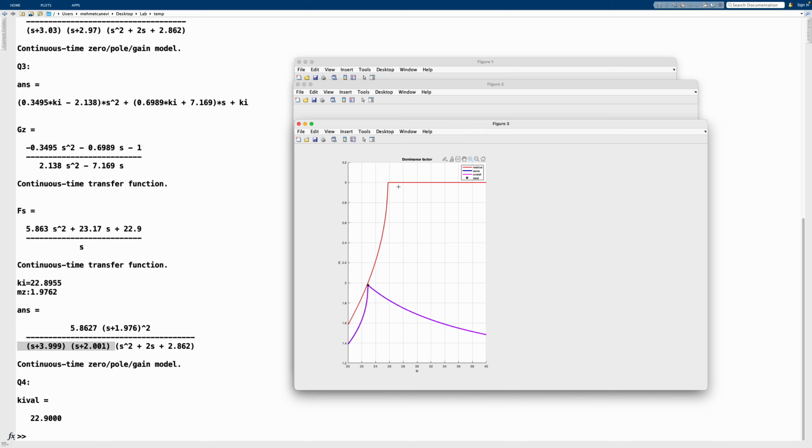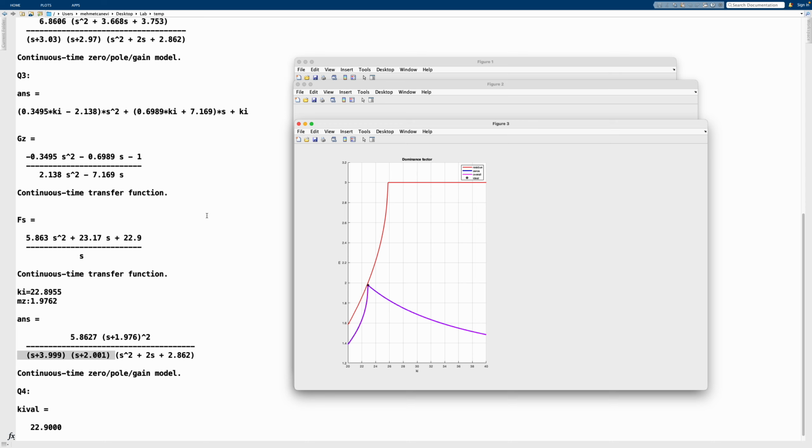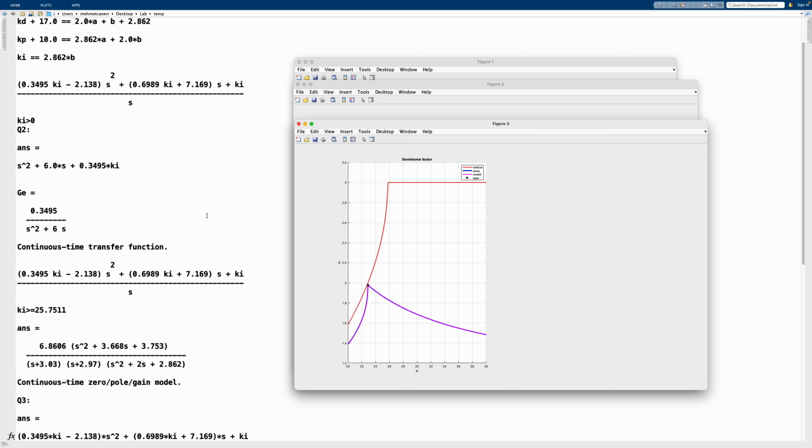And then we also have seen that it shapes kind of a boundary, and the reason for having just Ki greater than or equal to 25 something, which was here, 25.7511, we've seen that it shapes kind of a boundary where the dominance factor doesn't change even though Ki is increased. So you can see that is reflected here.